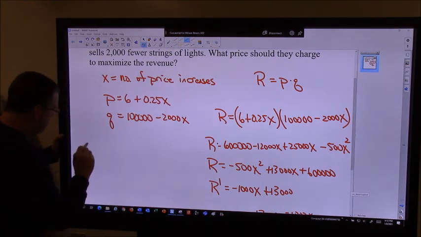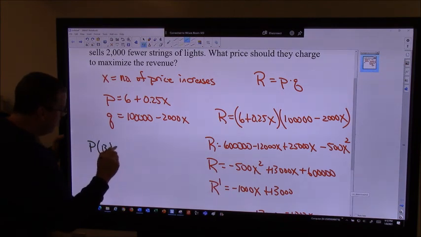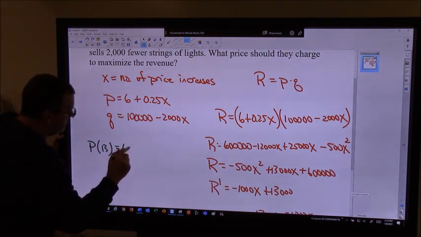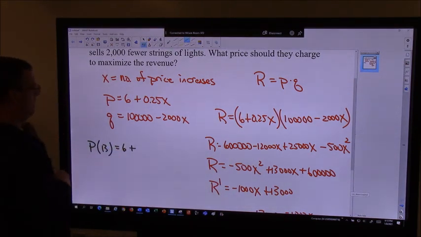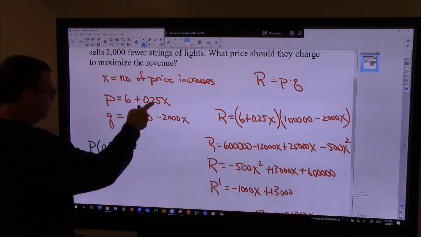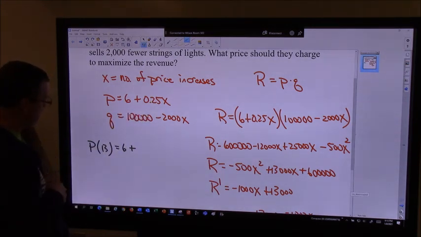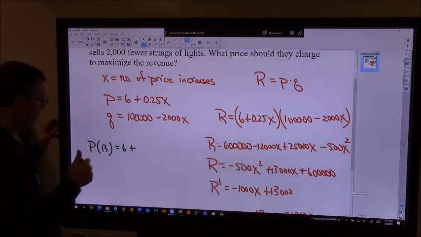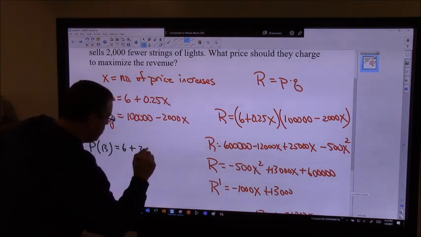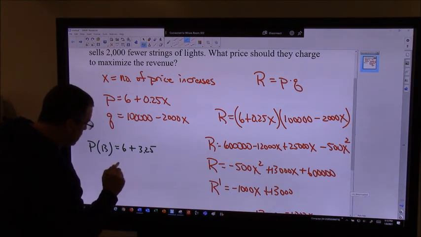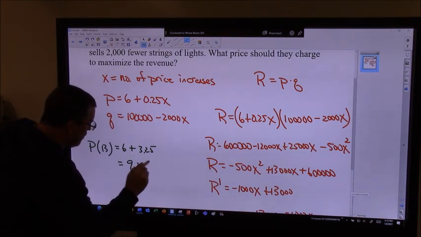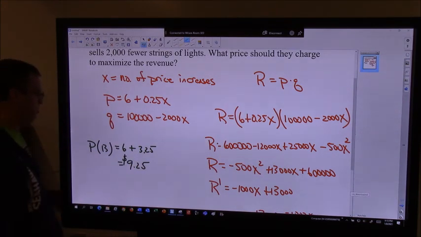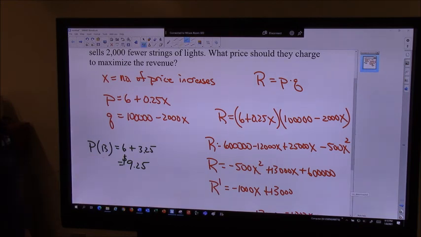So P of 13 is going to equal 6 plus, 0.25 is a fourth, so a fourth of 13 is going to be 3.25. So 3.25, which means we've got $9.25. That's the price we should charge for a string of lights.